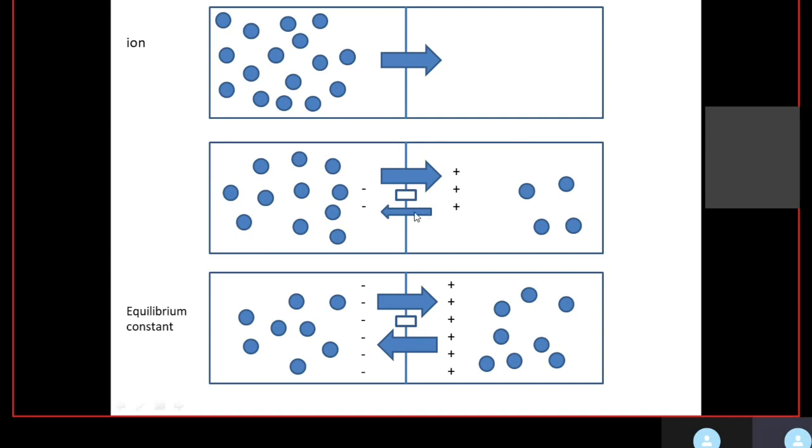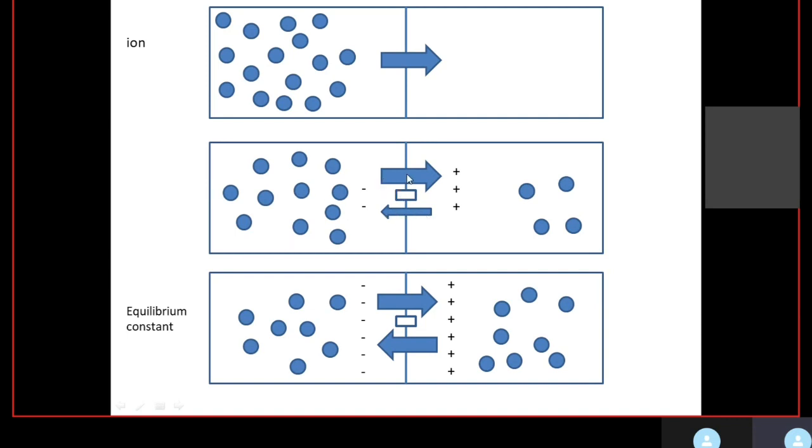This small arrow that starts developing here in the opposite direction of our concentration gradient arrow is now an ionic gradient, because as I'm adding a positive charge to compartment B, this positive charge is building up and is going to start preventing more positive molecules from coming to compartment B. Remember the principle of physics: like charges will repel, unlike charges will attract. So if compartment B becomes more and more positive, it's going to start preventing positive charges from coming in, and that is why you have this small arrow moving in the opposite direction.